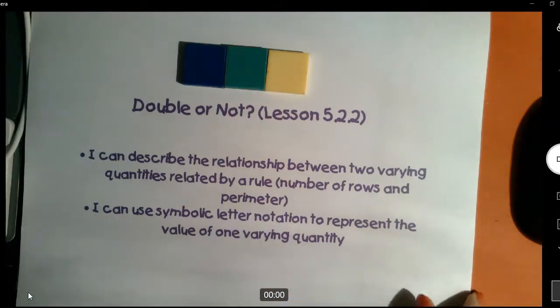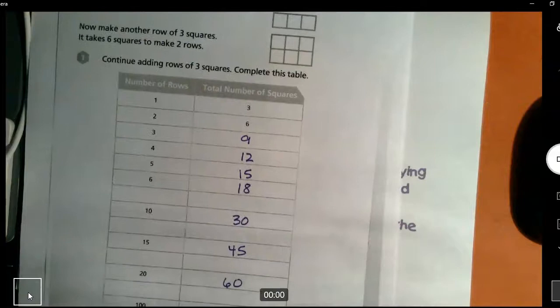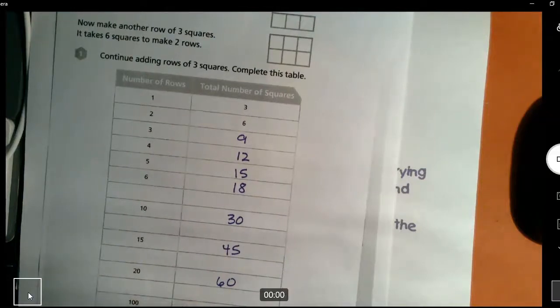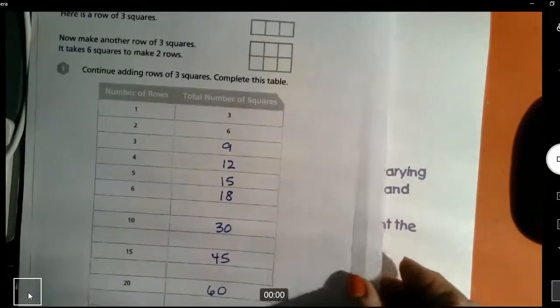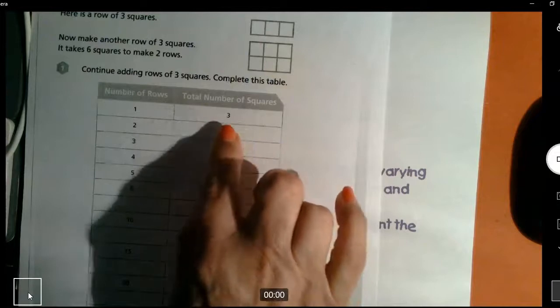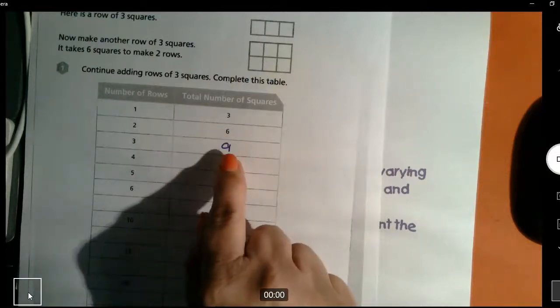So, I'd like for you to first look back at page 309 that you completed with Miss Sutherland. And in this particular activity, you were finding the total number of squares that made up different rows of 3 squares. So you discovered that if you had one row, you had 3 squares, and 2 rows, 6, 3, 9, and so forth.